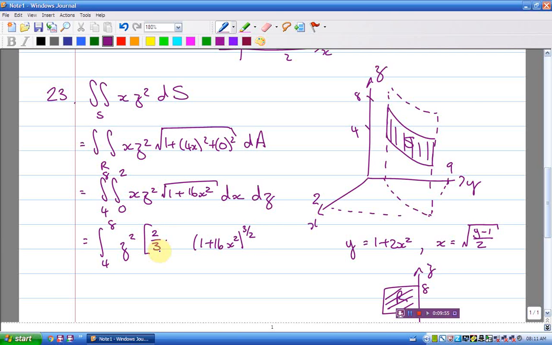So I can balance it out with a 2 over 3. Then the chain rule says I still need to multiply by the derivative of the inside function, which is 32x. I want the x, I don't want the 32. There you go. That's exactly what you would end up with if you did substitution, except those funny little constants you'd just be doing in pencil down the side of your page.